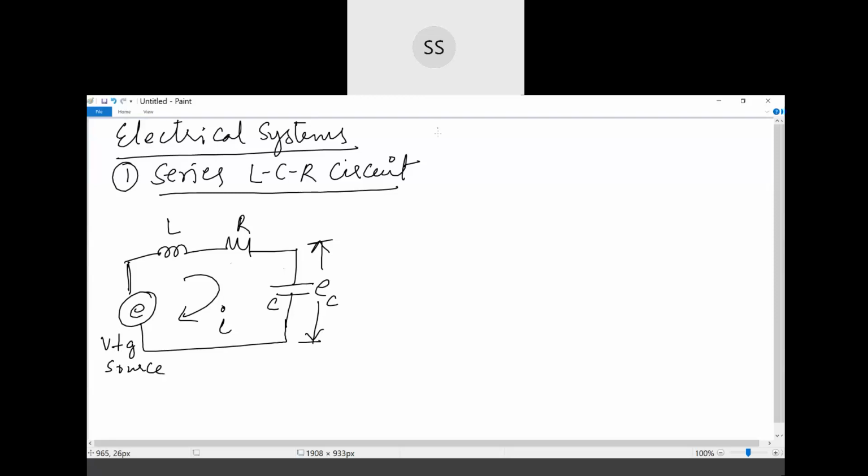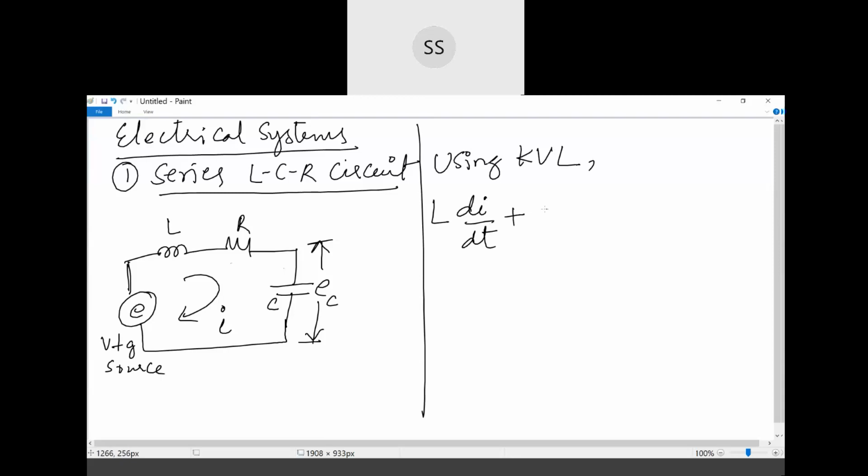Now using KVL, we can write the system equation as L di by dt plus R I plus 1 by C integral of I dt is equal to E. So using the KVL equation, you can write the loop equation for this single series LCR circuit.